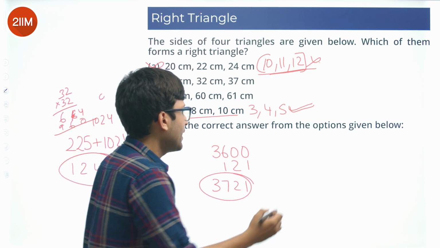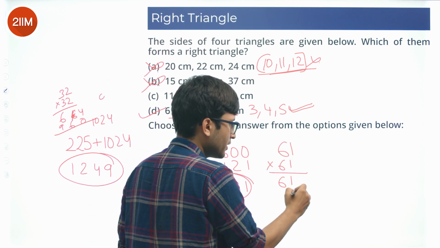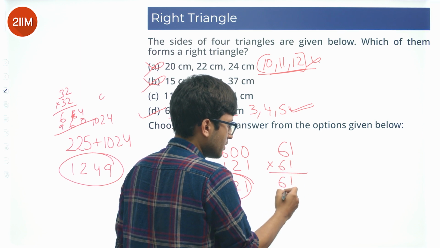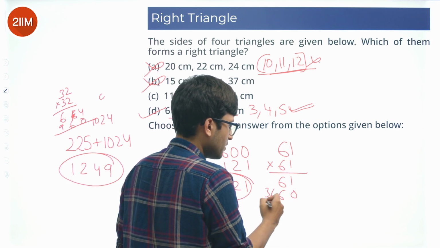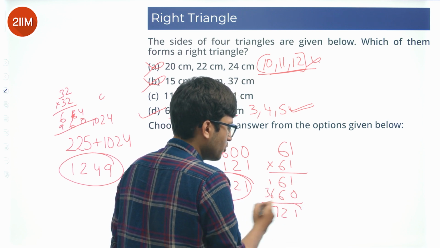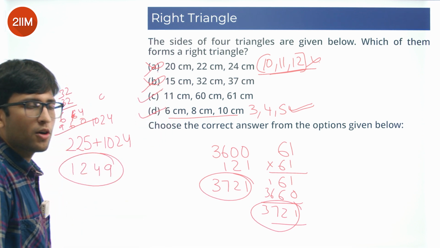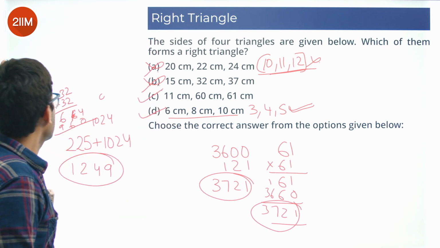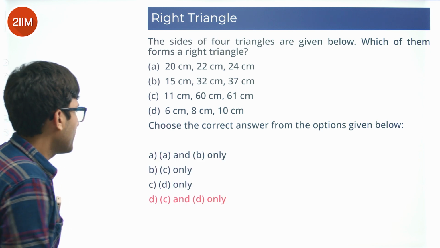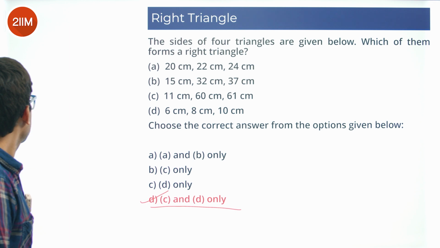This is the value, and let us find out 61 square. 3721, exactly the same. Okay, so option number C and option number D satisfies. Let us see. Yeah, perfect. Option number C as well as option number D satisfies us.